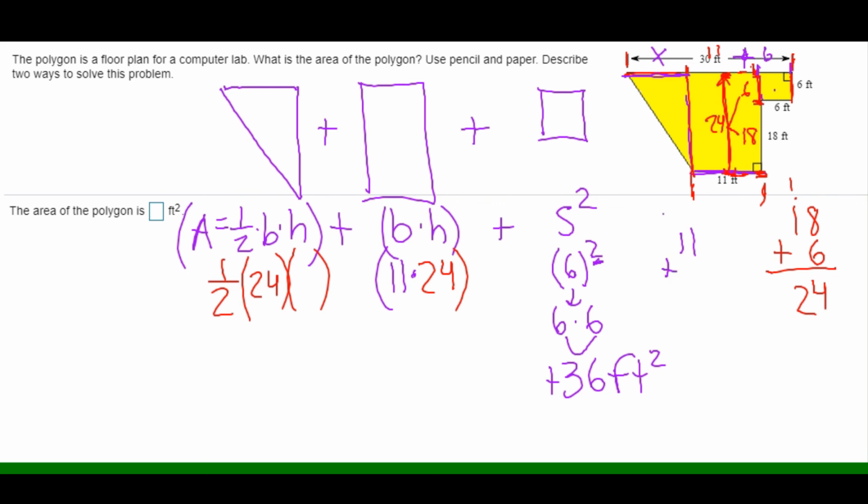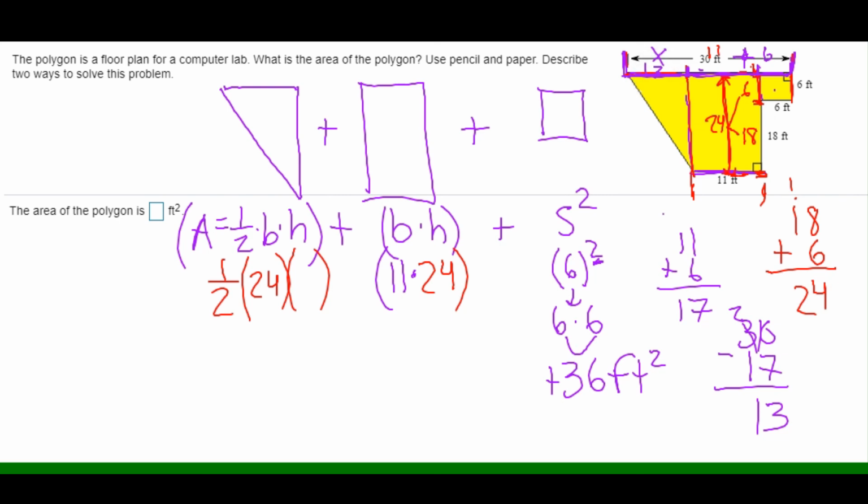So I have 11 plus 6, and that's going to be 17. And then I have to subtract 30 minus 17, because I already used up 17 feet from the 30. I'm using 6 right here and 11 right here. What is the rest to get the full length of 30? The rest is going to be the answer when I subtract, and that's going to be 13.